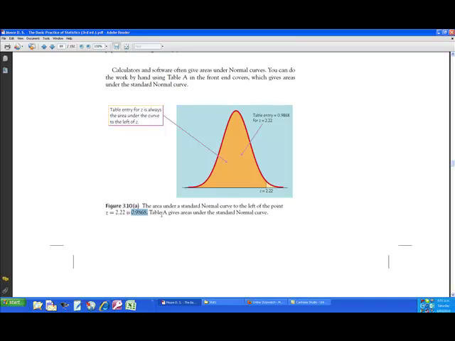So what does that mean? That means the area of the orange colored area is 0.9868, right? So we can say that about 98 or 99% of the curve is less than that.